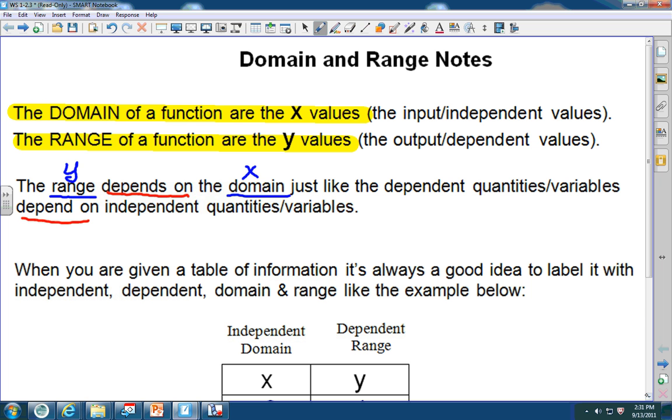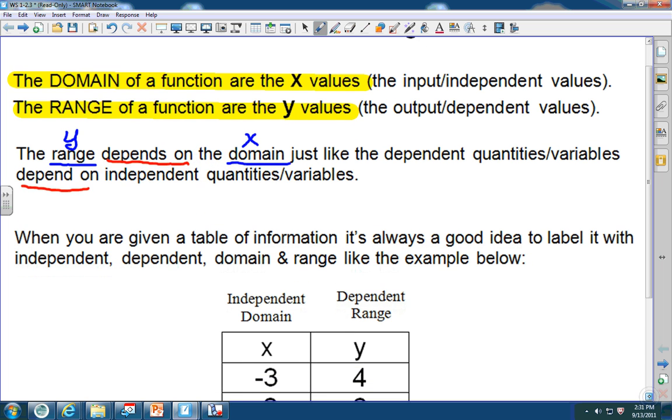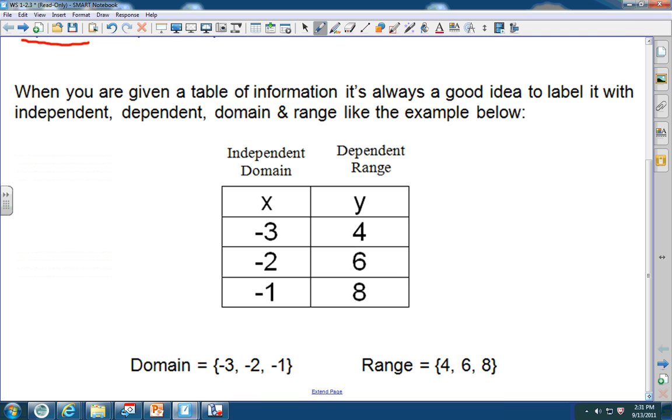Now, what I say to do, every time you've got a table, any kind of table with data in it, say I've got hours and miles.